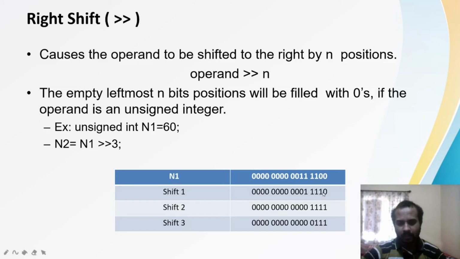I am shifting it here, and in the first shift 1 will be coming here, and in the next shift 1 will be coming here, and in the another shift 1 will be going outside. Okay, but we will not bother about that, we will just shift them. Okay, and the remaining blanks on the left we will fill with zeros.